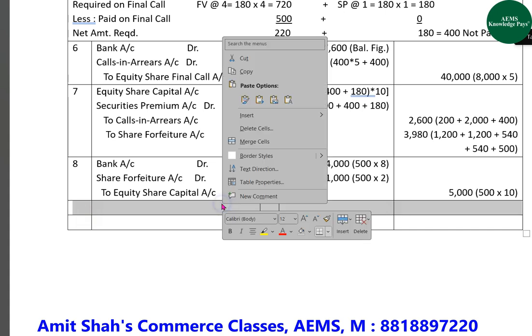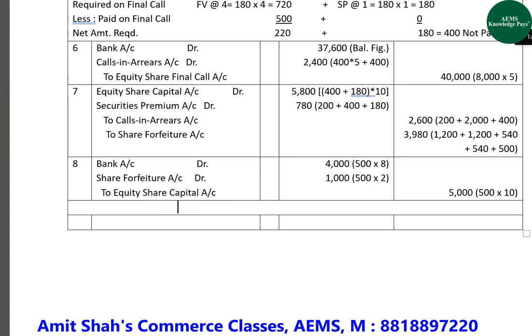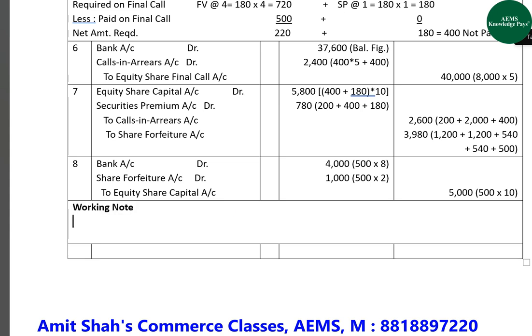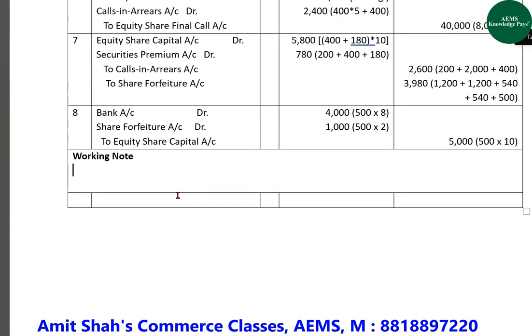Now we have to find whether there is any capital profit or not. Now, guys, here shares of two defaulting shareholders have been forfeited and have been reissued. And in such a case, guys, we have to make a table.